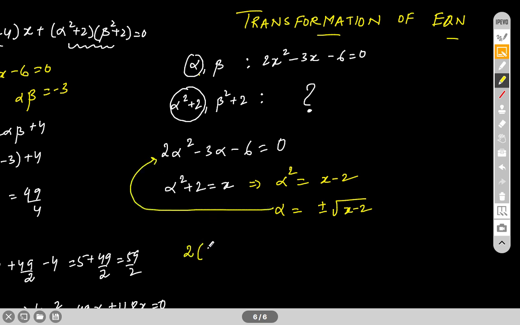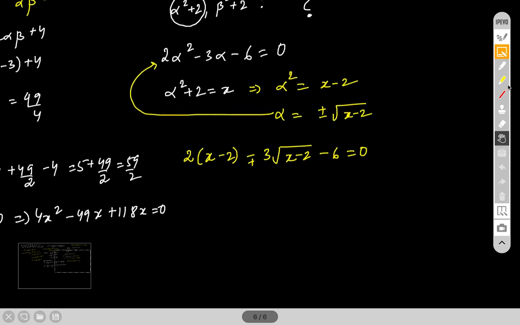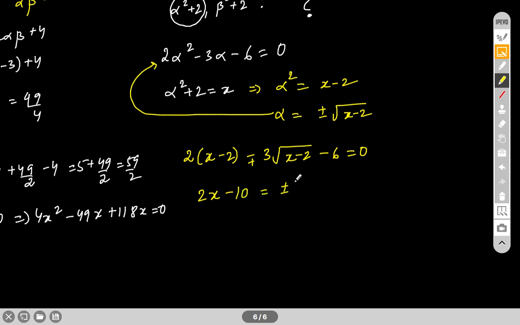So 2 alpha square is 2x minus 2, minus 3 times plus minus under root x minus 2. Open the bracket, it becomes 2x minus 10 is equal to plus minus 3 under root of x minus 2. Square both the sides.